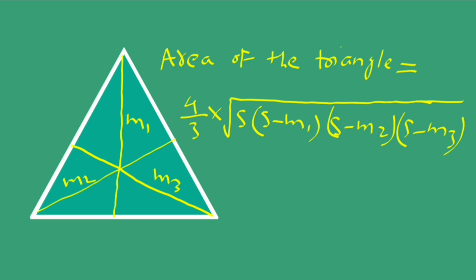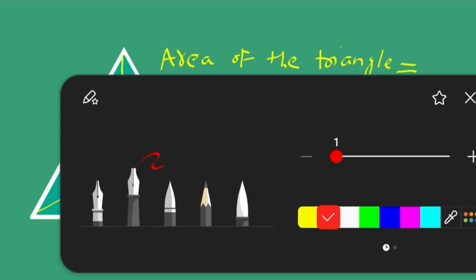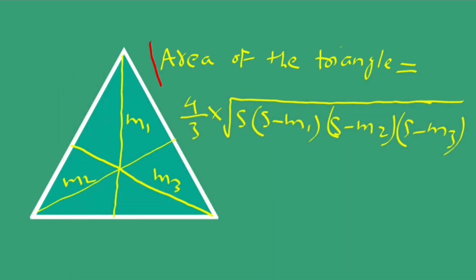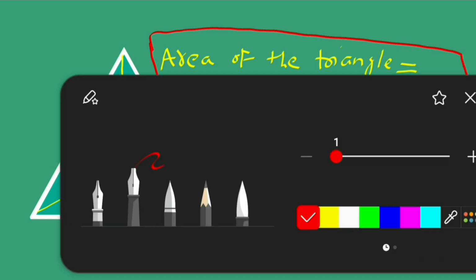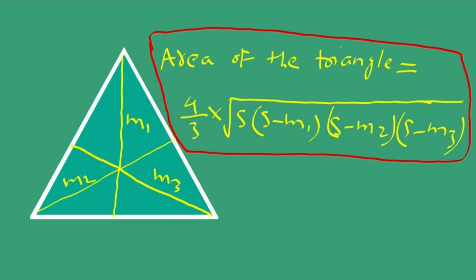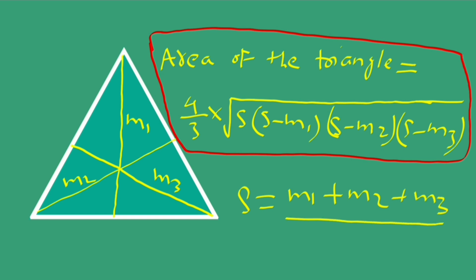Okay, important formula, remember this one also. And s is equals to m1 plus m2 plus m3 divided by 2. This is the s formula. m1, m2, m3 are the lengths of the medians.